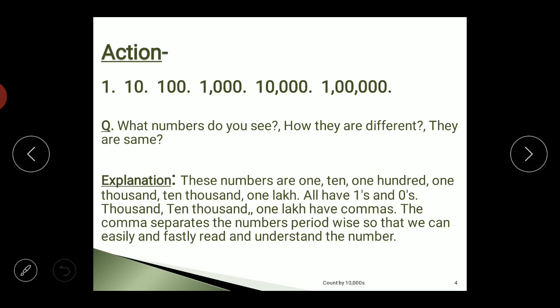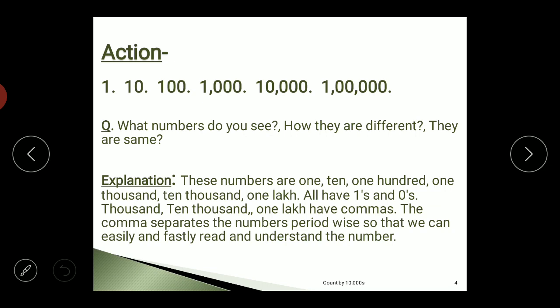In 10,000 there is 1 comma after 3 digits from the behind. 1 is at the 10,000 place that we learned in the previous class, 0 at the 1000 place, and 000 at the ones period. So it is 10,000.